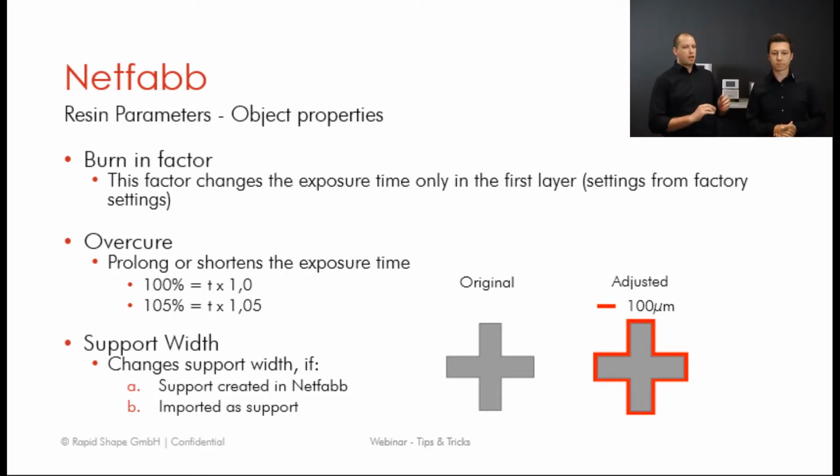Just to add to what Robin is saying regarding the burn-in layers, yes, it's in the first few layers and then gradually decreases to that 100% overcure layer intensity. But like you said, it depends on the material that you use, which will determine how many of these burn-in layers you will experience, but it won't go from the burn-in percentage to the overcure in one layer.